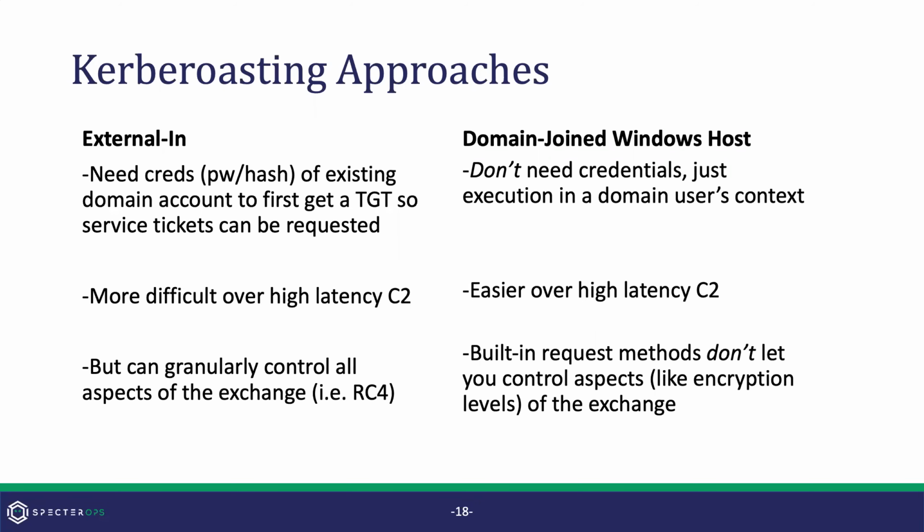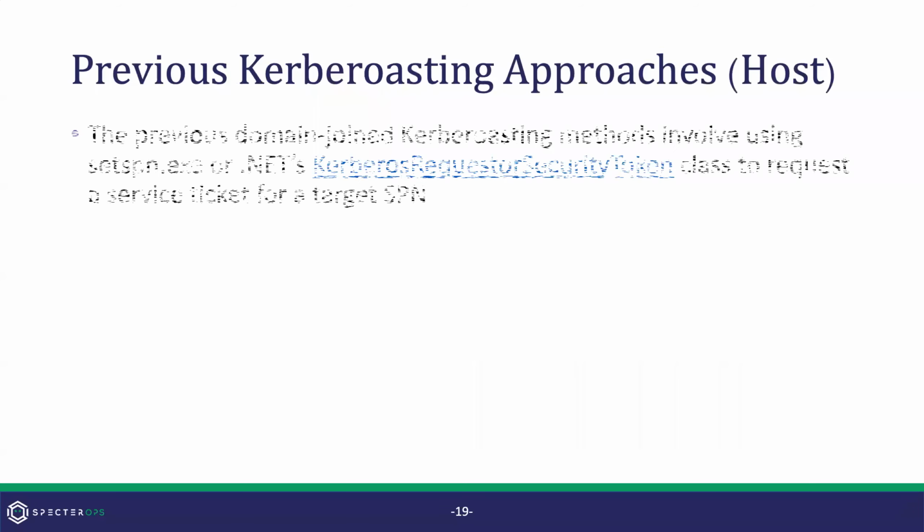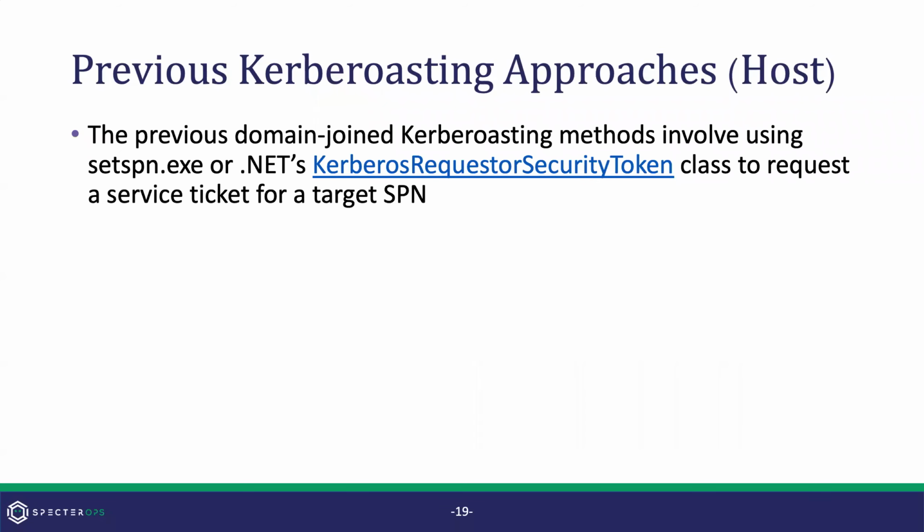However, the built-in methods we've traditionally used, which I'll cover in a moment, don't let us control aspects like encryption levels of the exchange. Specifically, what I mean by this is the previous domain-joined Kerberoasting methods. Most of them, or almost all of them, involved using either setspn.exe, which is a built-in binary in Windows systems, or .NET's KerberosRequestorSecurityToken class to request a service ticket for the service principal name you're trying to Kerberoast.